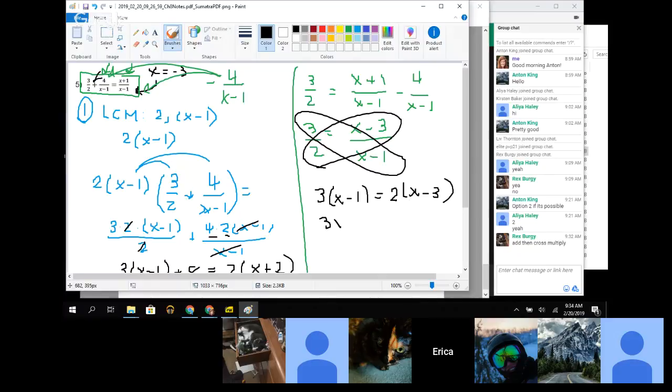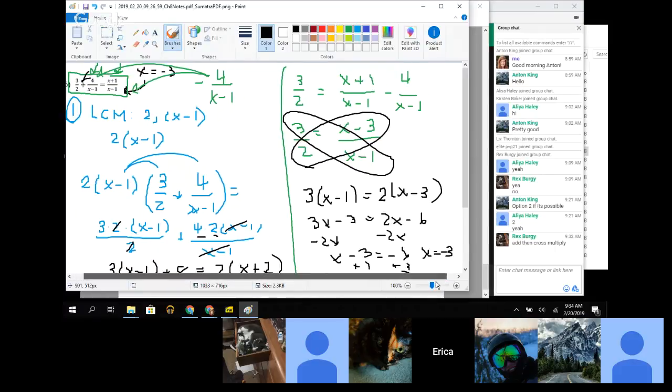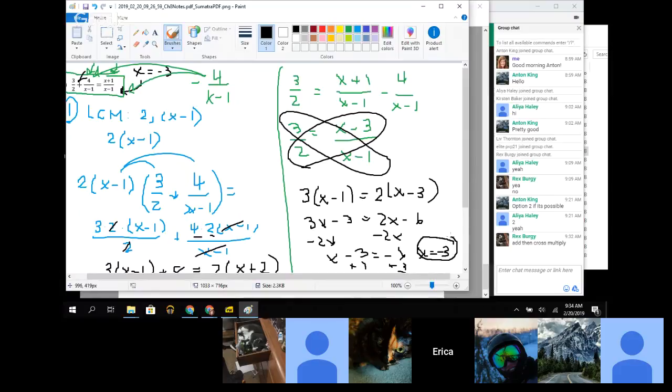And I end up with 3x minus 3 equals 2x minus 6. Subtract 2x from both sides, and I get x minus 3 equals minus 6. And when I add 3 to both sides, I end up with x equals negative 3. Okay, so I end up with the same solution, just a different way to do it. Either of those would be acceptable.